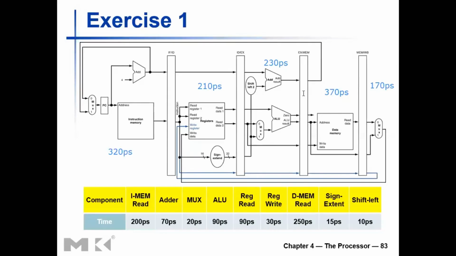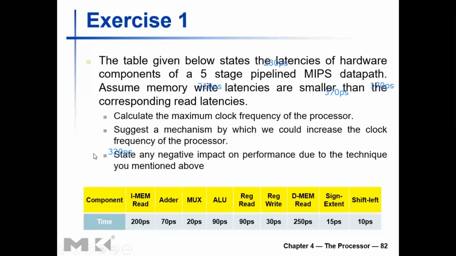So the clock period we have to use is 370 picoseconds, and the maximum clock frequency is equal to 1 over 370 picoseconds, which will give you some megahertz or gigahertz number, you can calculate that. So that will be the maximum clock frequency you can use in this CPU.